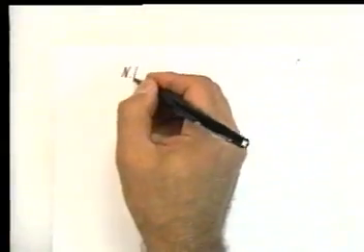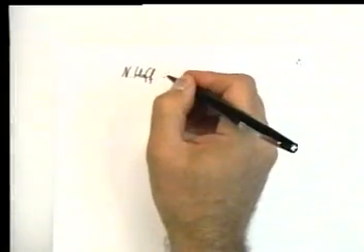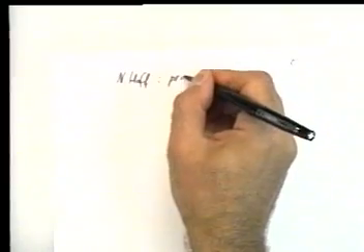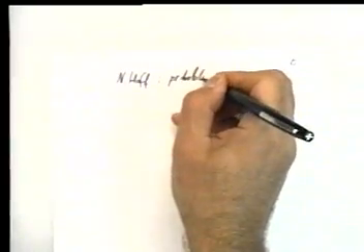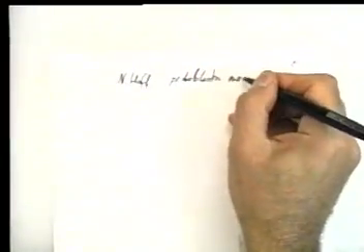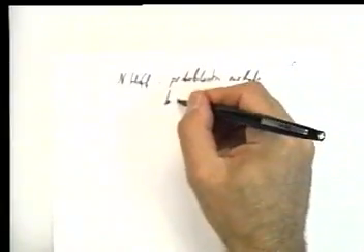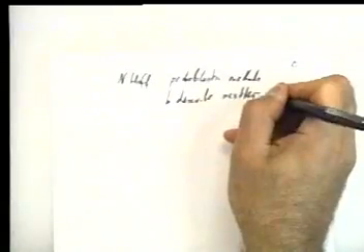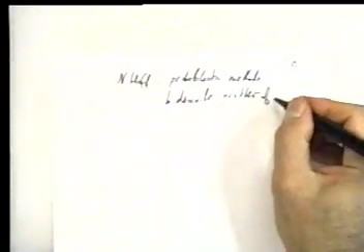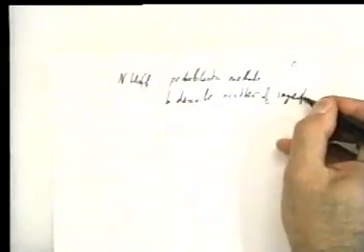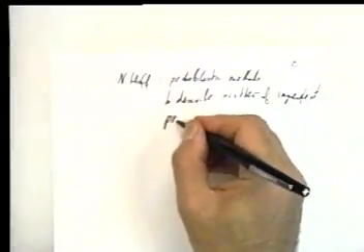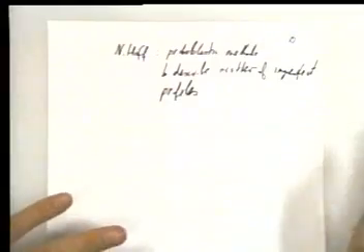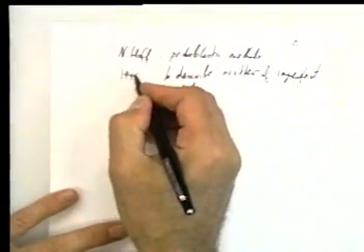So Nicholas Hoff says that we need to use probabilistic methods to describe the scatter of imperfection profiles. So that was 1949.